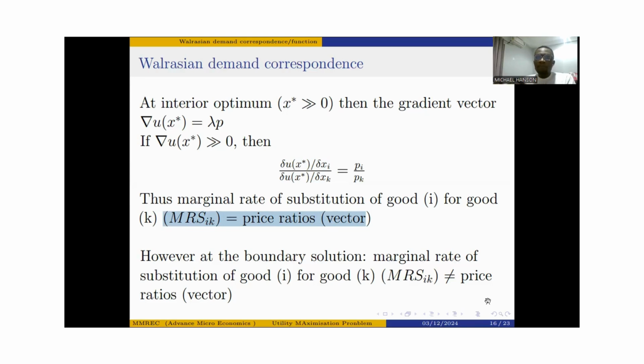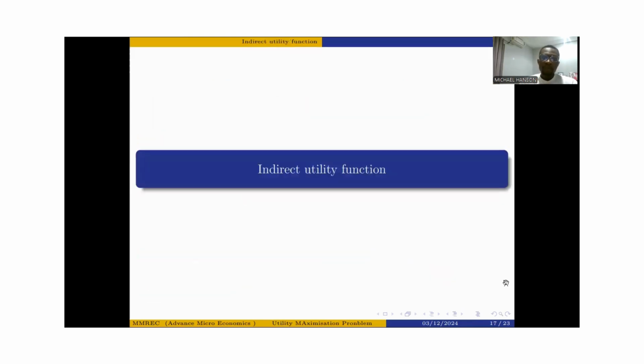So in the boundary solutions, you see that the utility and the slopes will not be the same because you're going to compute it where X is equal to 0. Okay. So that is how we'll be able to achieve the utility maximization problem. You first take the differentiation of the utility function, where you're going to derive the slope of the budget line and the slope of the indifference curve.